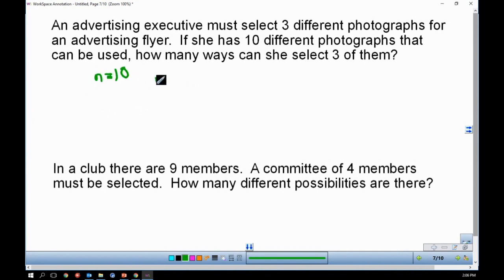How many are we wanting to pick? 3. And does order matter? No. It doesn't tell us that it matters, so order does not matter, which means this is a combination.